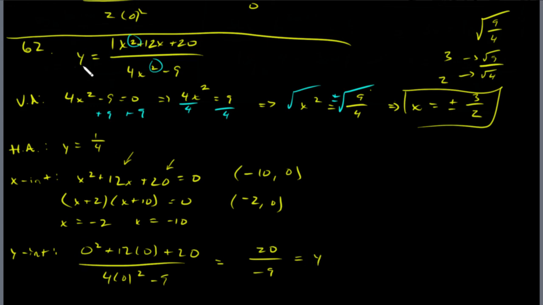Because this whole thing was equal to y. So your y value is negative 20 over 9, and so you've got 0 for x, negative 20 over 9. And there you go. There are all of your things you're looking for. You've got your vertical asymptote, your horizontal asymptote, your x-intercepts, and your y-intercept.